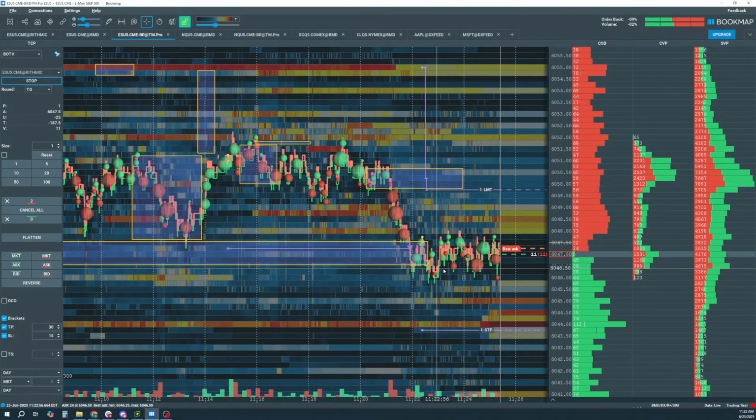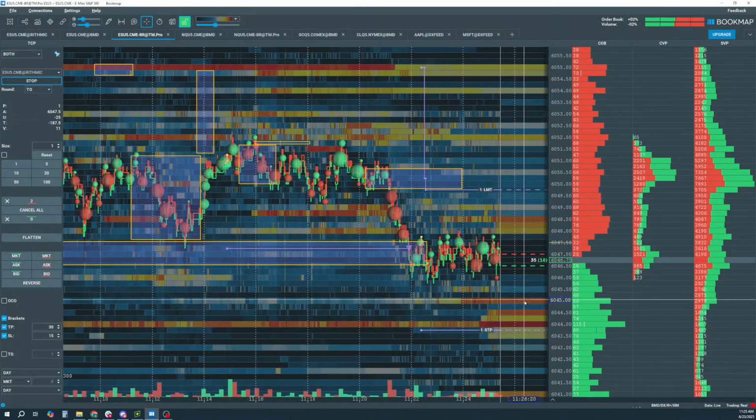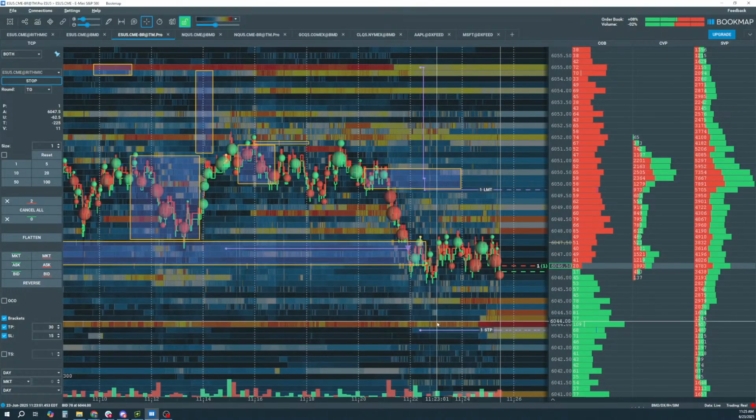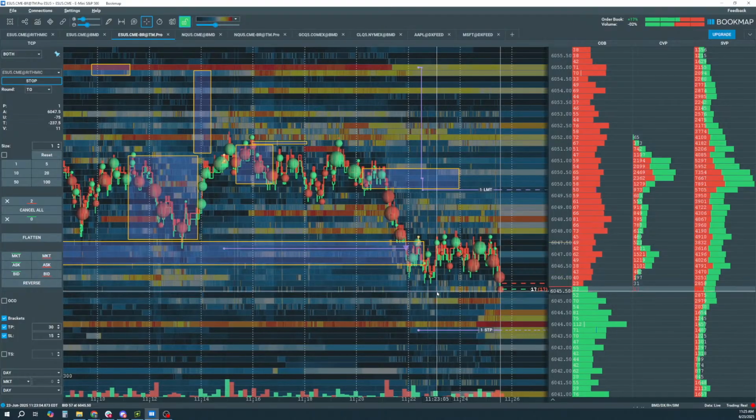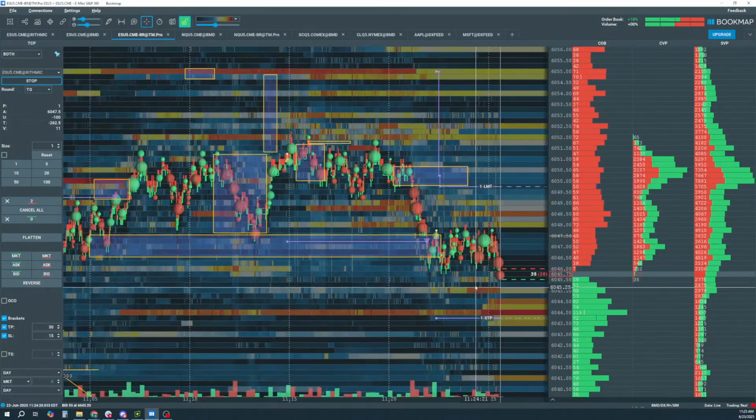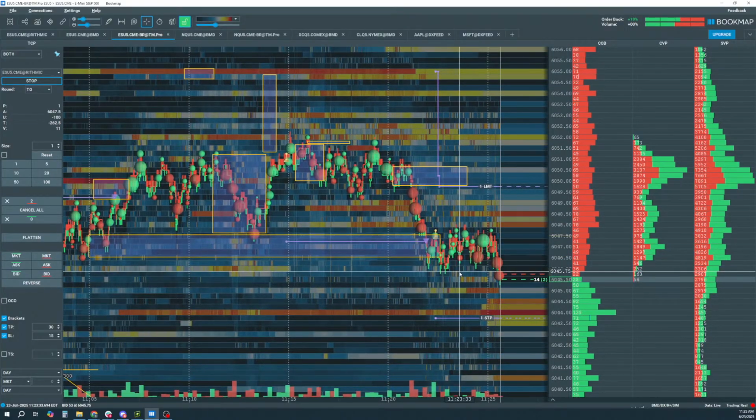Look at the order book, kind of lighting up on both sides here. Trying to figure it out. Okay, sellers are able to drop it lower here.